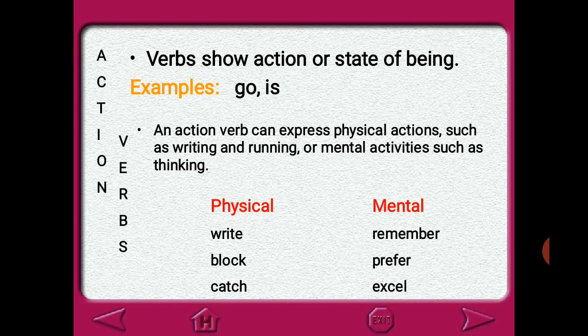Underneath you can see examples: physical actions include write, block, catch, and mental activities include remember, prefer, and excel. So a verb shows an action or state of being. An action can be physical, or it can include mental activities.